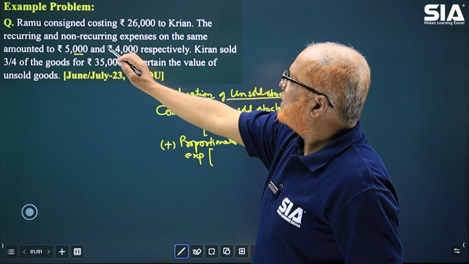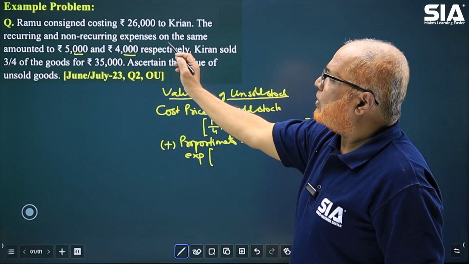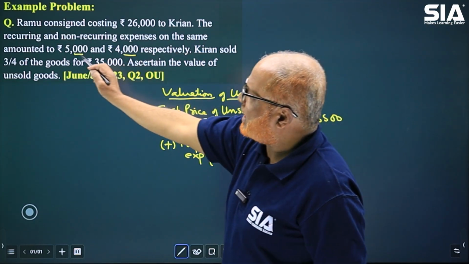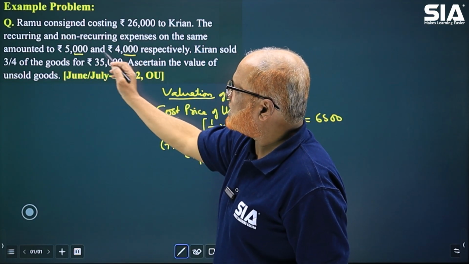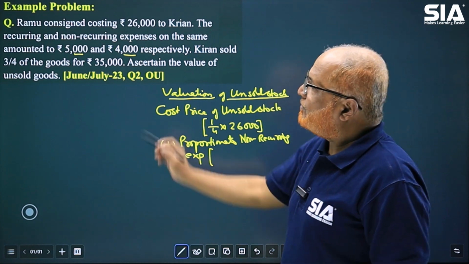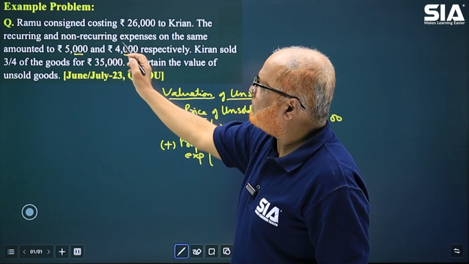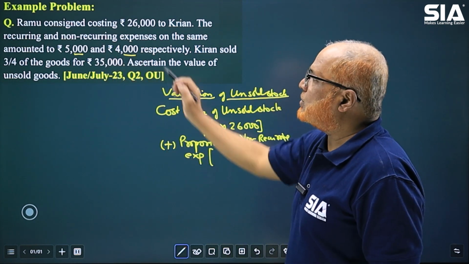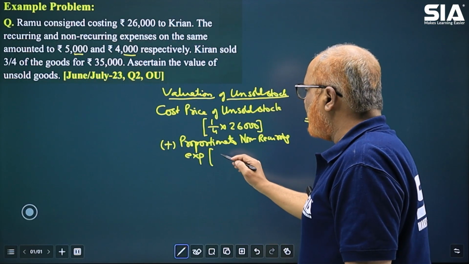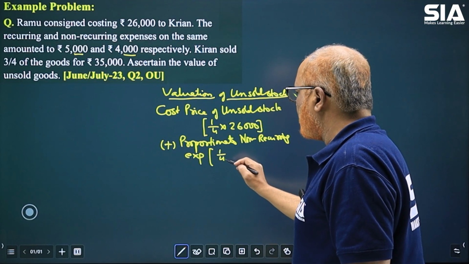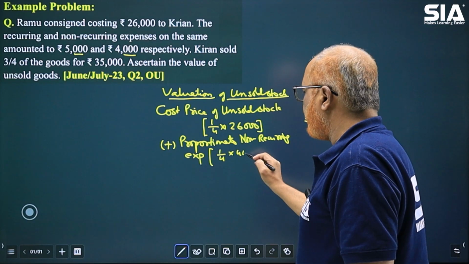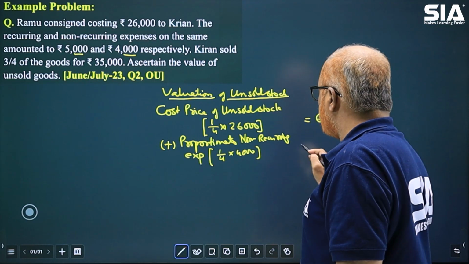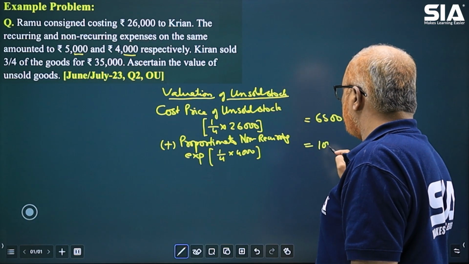It is given here. The recurring and non-recurring expenses on the same amounted to 5,000 and 4,000. First one is recurring, second one is non-recurring. 4,000 is non-recurring. So 1/4 of 4,000 comes to 1,000.